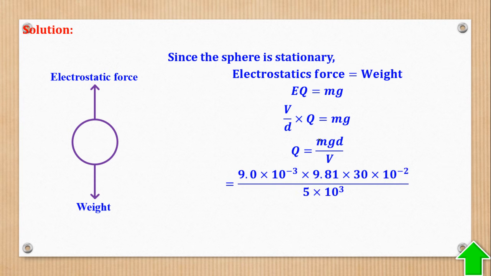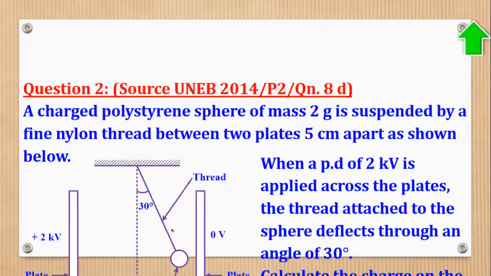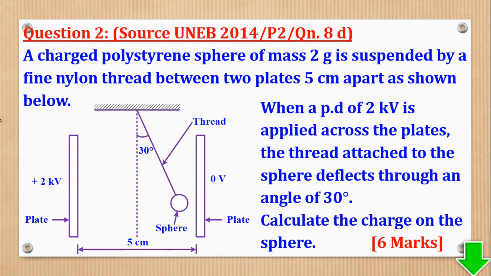Substitute for m, which is the mass, g, which is acceleration due to gravity, and d, which is the separation of the plates. Then V, which is the potential difference. It was in kilovolts, that's why it is multiplied by 10 to the power 3. Then I'll get the answer, and that will be the magnitude of the charge they want. So that was question 1.